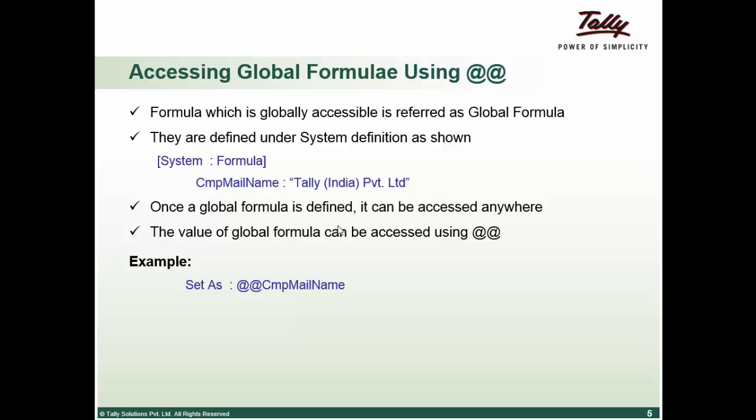The value of the global formula can be accessed by using a symbol prefix double at. Hence, when you need to write a global formula, it has to be written under the definition type System : Formula CMP mail name, and this becomes your formula. So wherever you call this formula, it will come as its output.